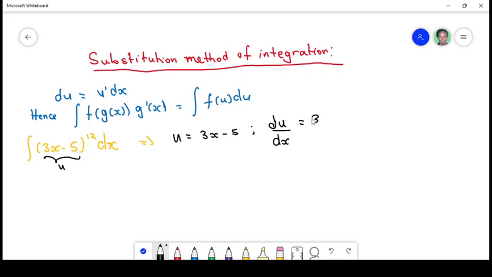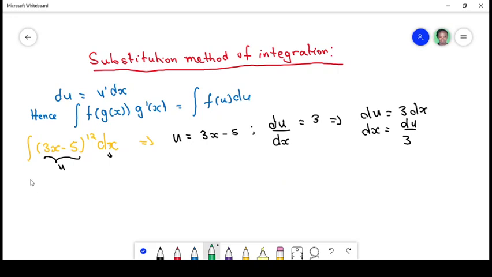So du equals 3dx. I want to use the substitution method, so my dx here is going to be du over 3. Knowing this, I can then write my integral in this form.